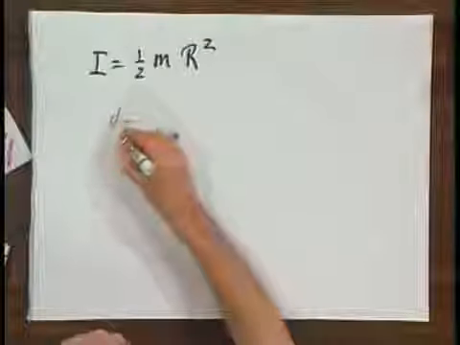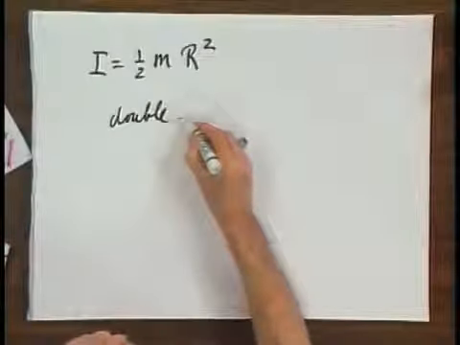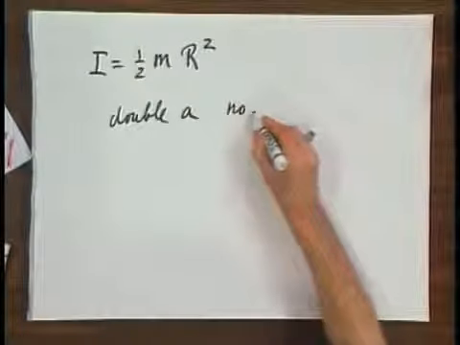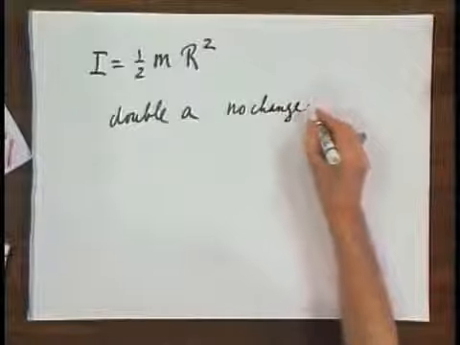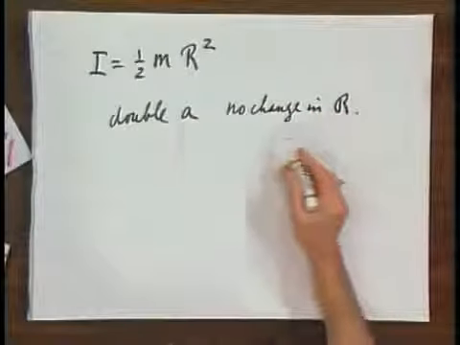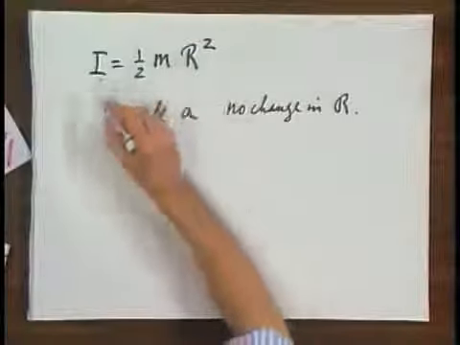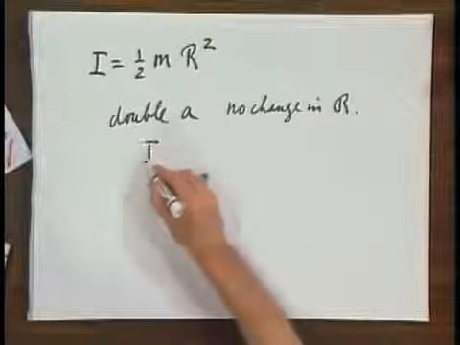Now suppose I double the thickness of the cylinder, but there is no change in R. What now happens with the moment of inertia? The first thing you may say is, well, it's independent of a, so nothing changes. But that's not true, because the mass depends on a. If you make the disk twice as thick, the mass will double. And if the mass doubles, the moment of inertia will double. So I will double.